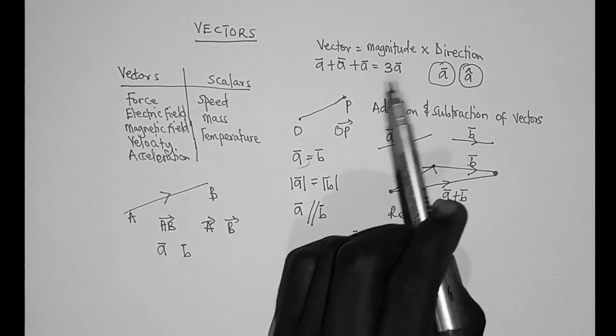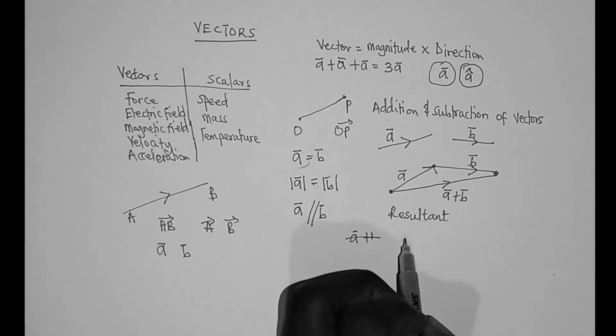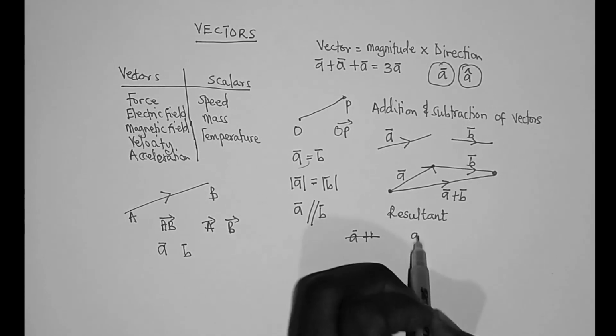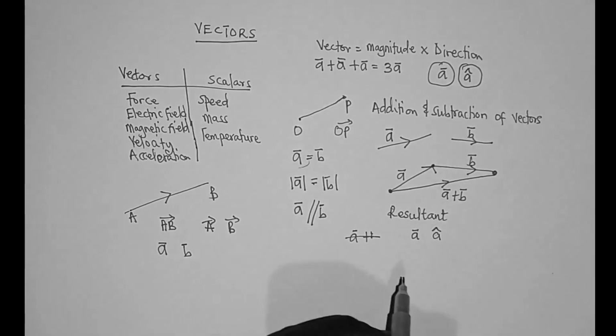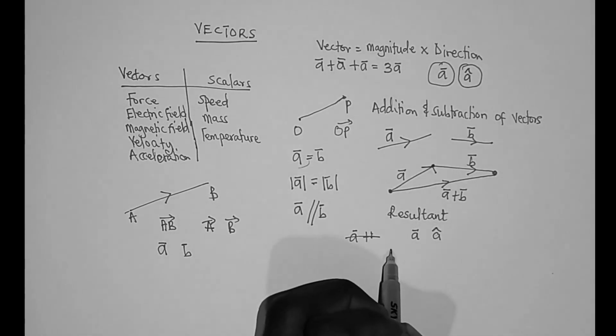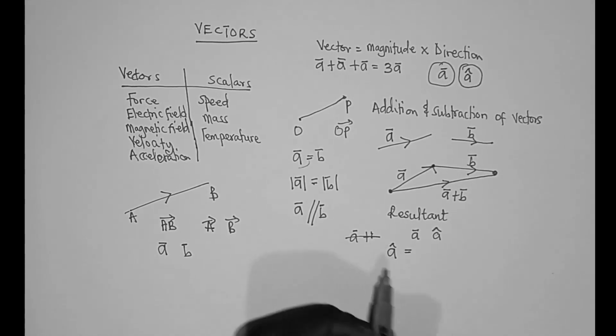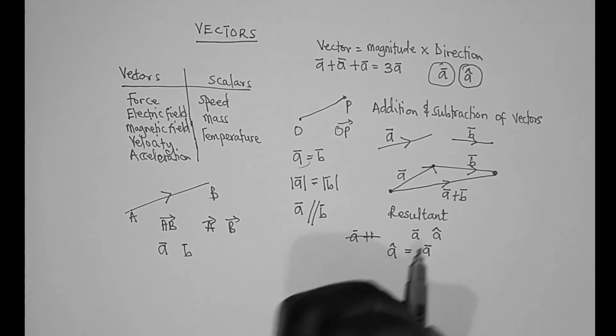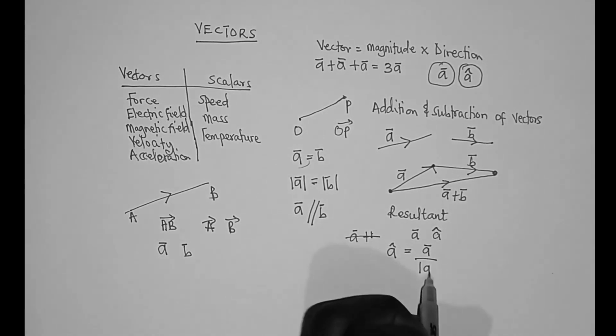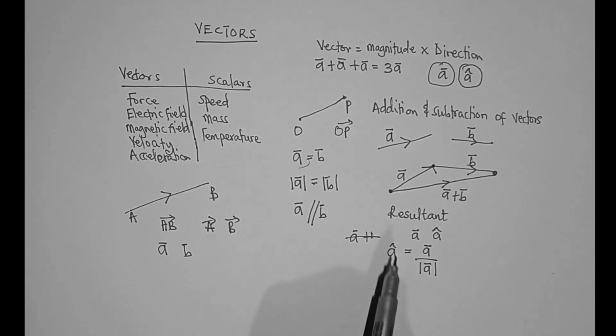There is this formula for unit vectors. So for example, let's assume that A is a vector and A cap is a unit vector of A. Then A cap, which is the unit vector, is equal to vector A divided by the magnitude of vector A. So a vector divided by its magnitude is the unit vector.